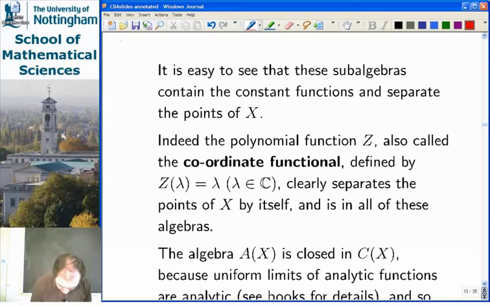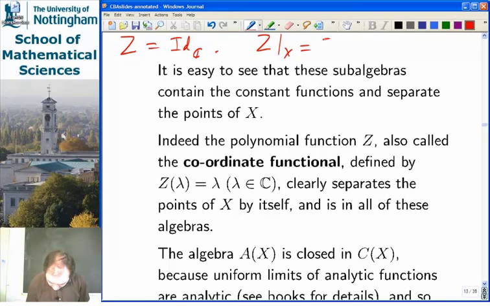So you can think of z equals the identity map on the complex plane. z restricted to x is equal to the identity map on x. But we often still call it z.